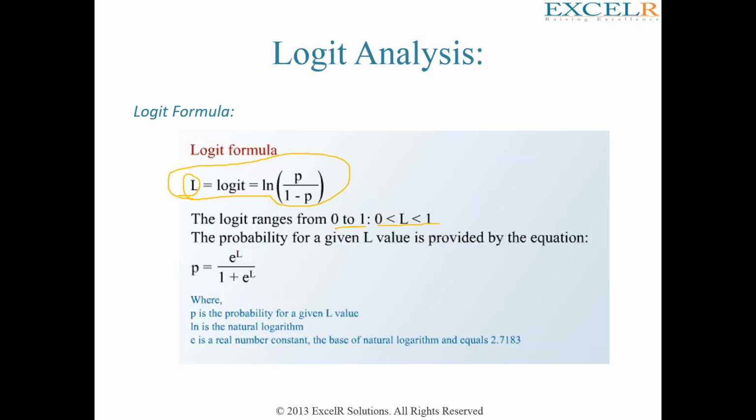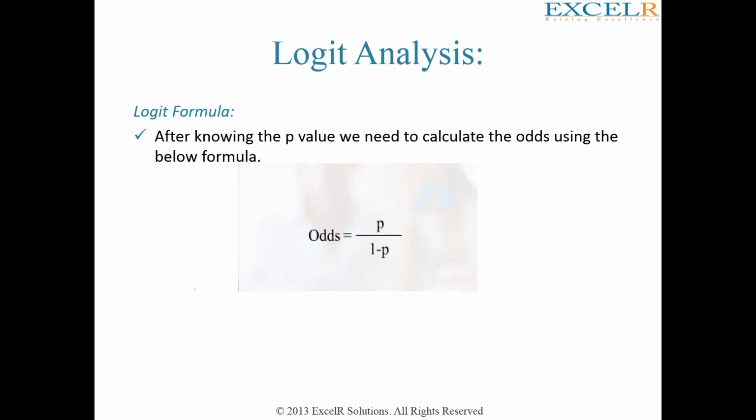The probability for a given L value is provided using this equation: P is equal to e raised to the power L divided by 1 plus e raised to the power L. After knowing the P value, we can actually calculate the odds. Odds are in my favor or against my favor, things like that, right? You can arrive at it.